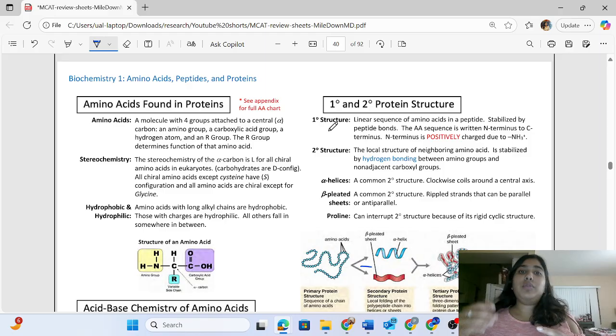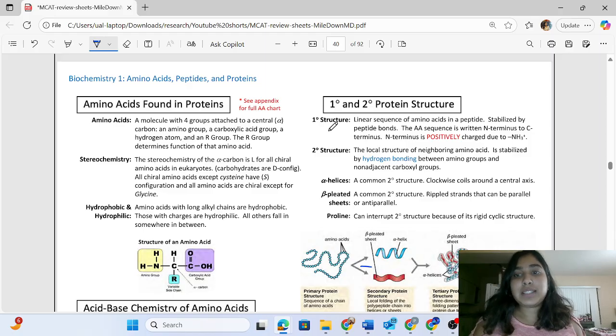So basically the primary structure determines the overall function of that protein.